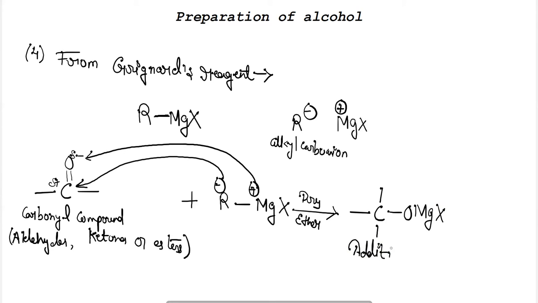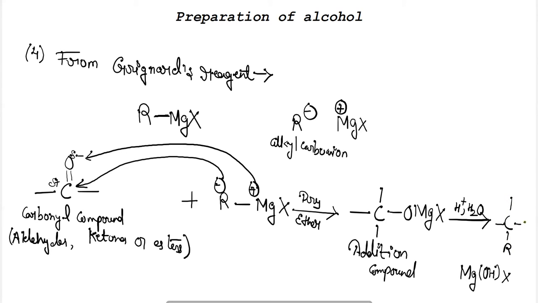Now on hydrolysis of this addition compound, this particular MgXO will get attached with this O. Means the hydrogenation of this MgOX will take place, and it will form MgOHX, and the alcohol will be formed out here, that is C, R will get attached here and OH will be formed.